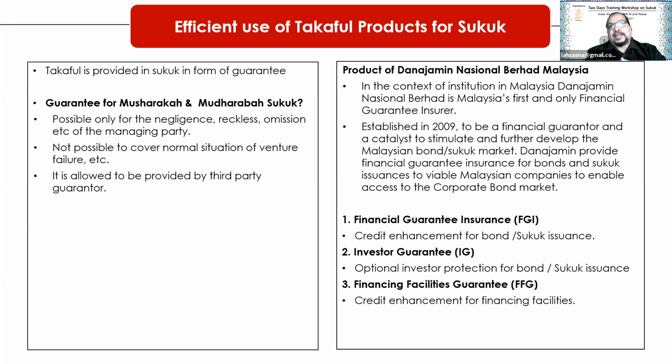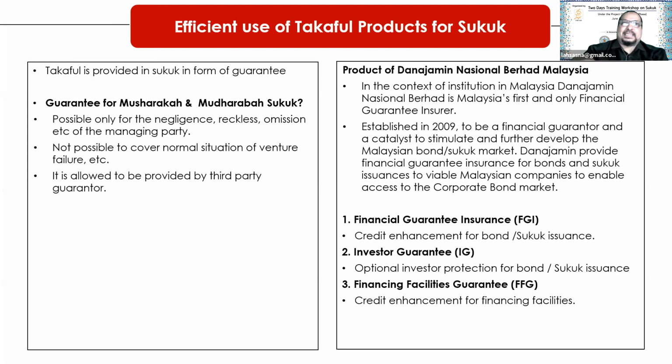Normally, when there is a guarantee in the business that you are running on a daily basis, you go to a bank or a finance company. Like we have also in Malaysia, the CGC, which is a guarantee corporation providing for normal business, SMEs, and so on within the market.